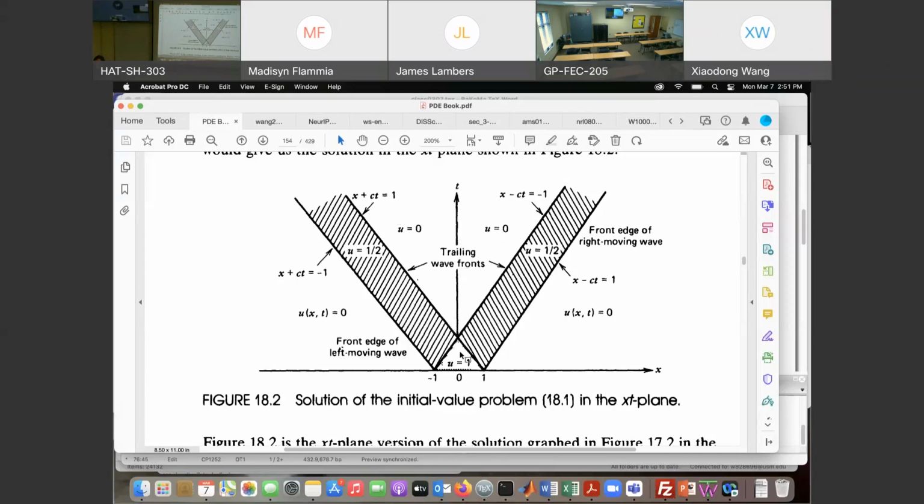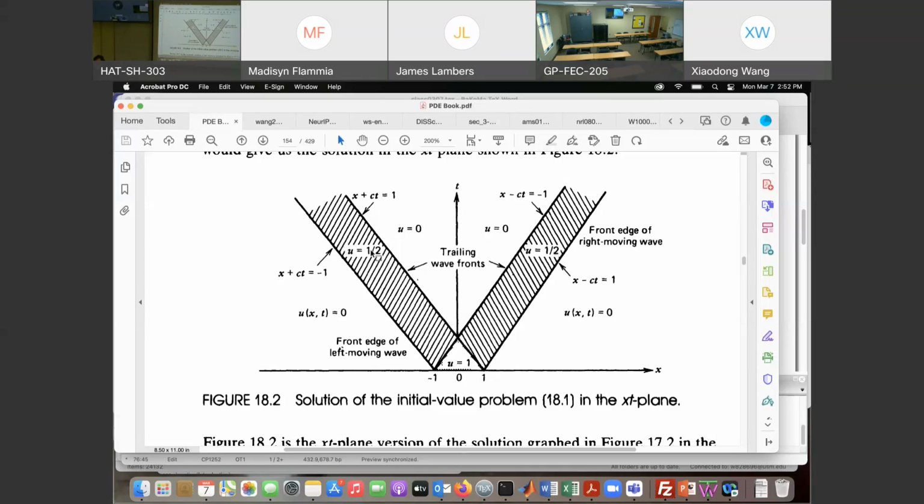So if I choose a point here in this triangle down below, for a very small period of time, I follow lines going in this direction, that both will land between -1 and 1. So in this triangle, the solution is equal to 1. In these bands, the solution is equal to 1/2, because if I follow lines of slope -1 over c and 1 over c, I'm going to pick up initial data from one direction, but not the other.